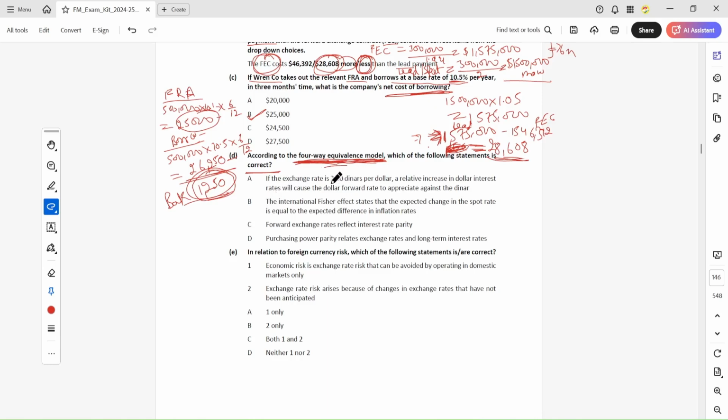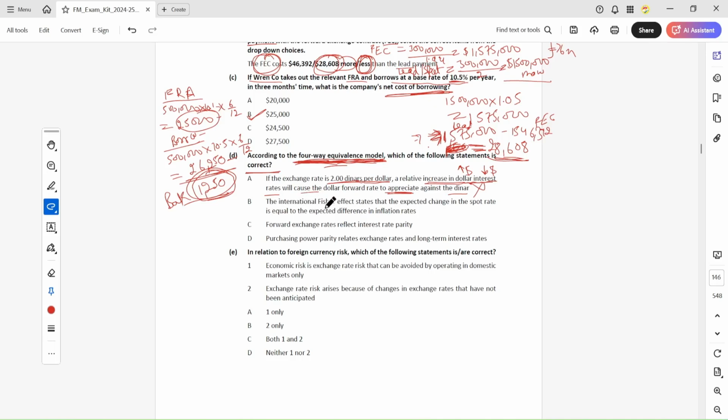If the exchange rate is 2 dinar per dollar, a relative increase in the dollar interest rate will cause the dollar forward rate to appreciate against the dinar. An increase in the dollar interest rate means the dollar will depreciate. So this is incorrect.